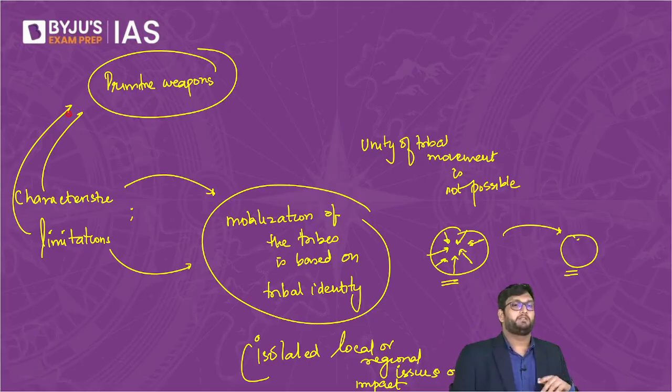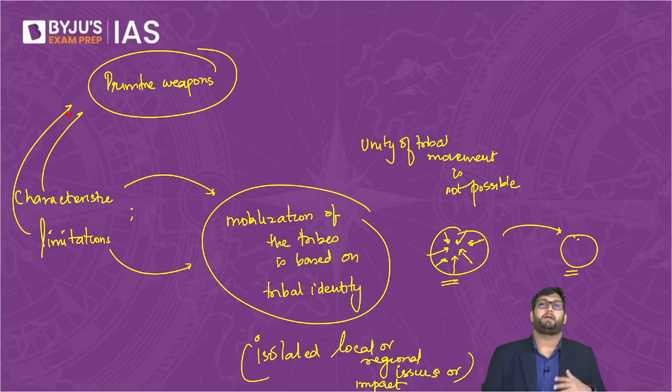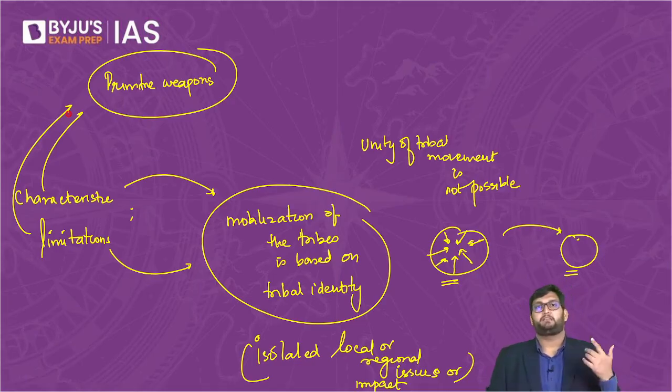Basically, the Santhals were able to destabilize the British for some time. The Mundas were also able to do it. But once the British entered with their cannons and their muskets and their guns, there was no chance that the primitive weapons of the tribals would have stood up against these long range weapons. So another important characteristic becomes a limitation factor vis-a-vis the tribals generally.